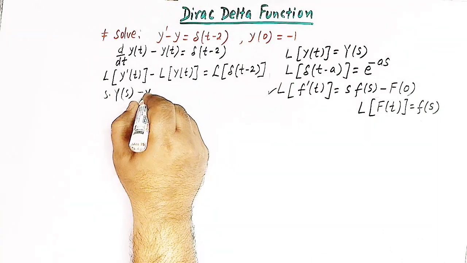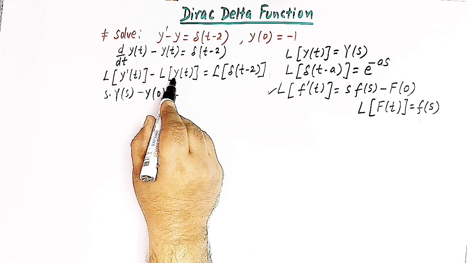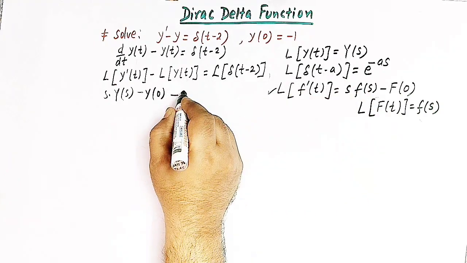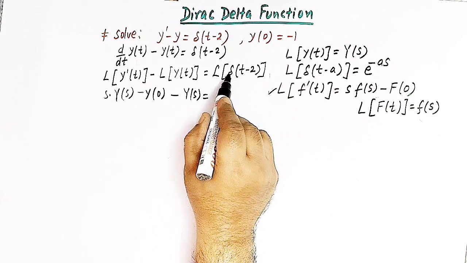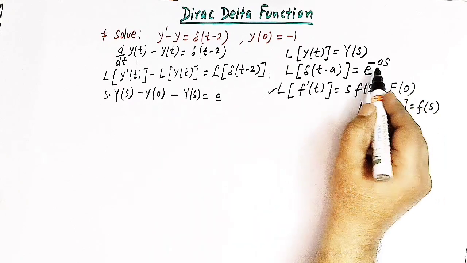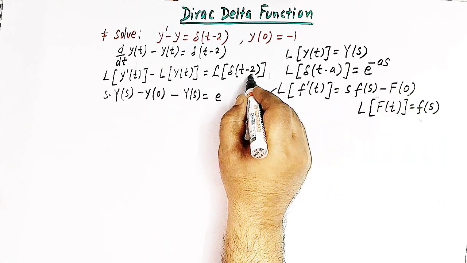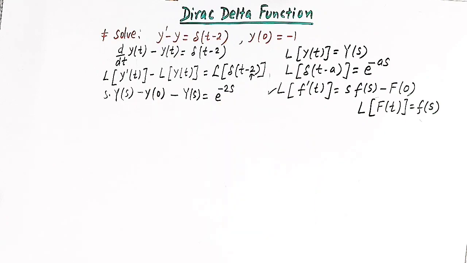And the Laplace transform of delta of t minus 2 is given by e raised to minus as, and here the value of a is 2, so we have e raised to minus 2s, right?